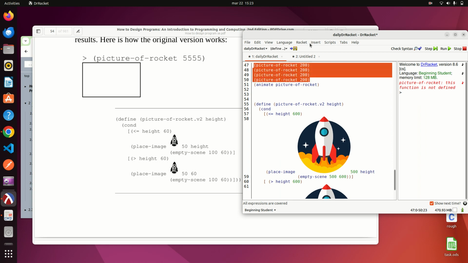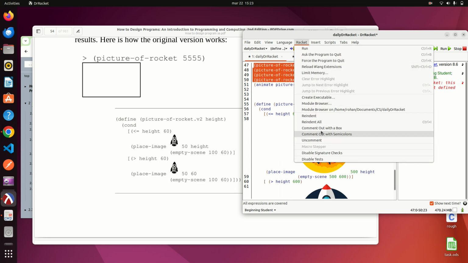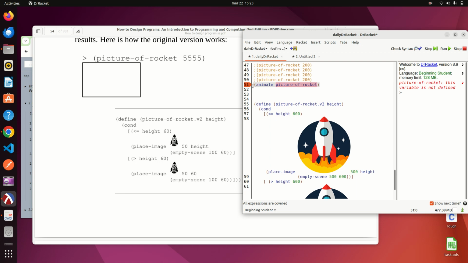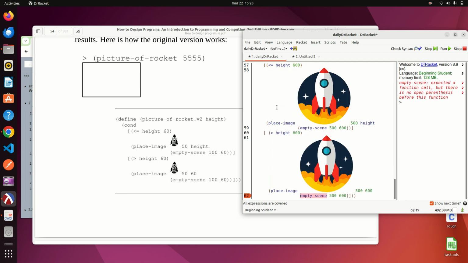Racket, comment out with semicolons. Oh man, come on. Okay, so the error is here. Empty scene, expected a function call, but there is no open parentheses before the function call. Place image. Oh yeah, this is where you gotta close it.